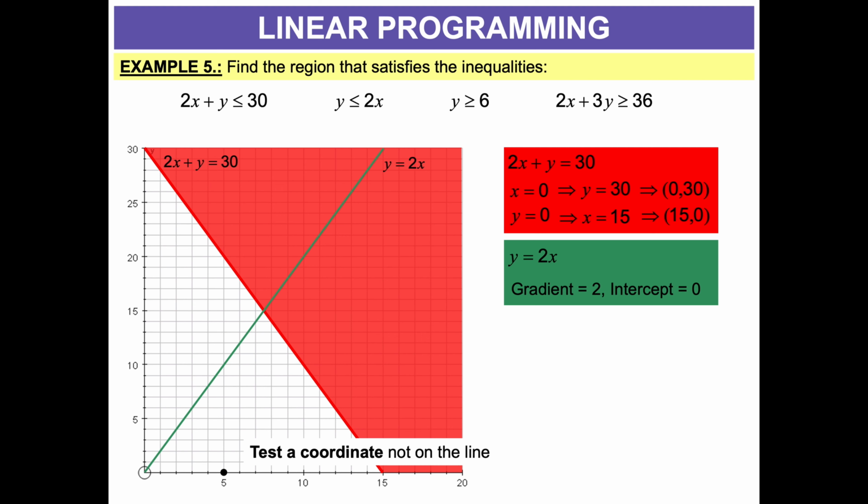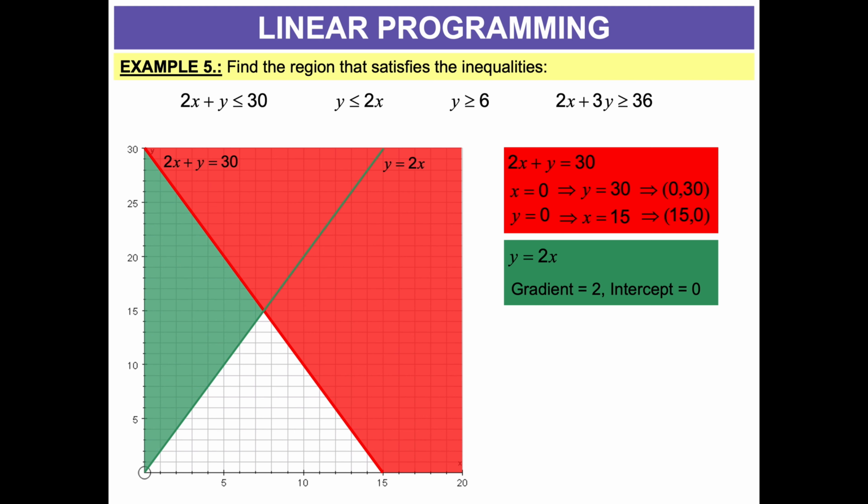In this case, they have chosen point 5 and 0. If you plug this 5 and 0 into the inequality, you get 0 is less than or equal to 10. That is true. That means this point belongs to the region. That means eliminate the other side, other half plane.